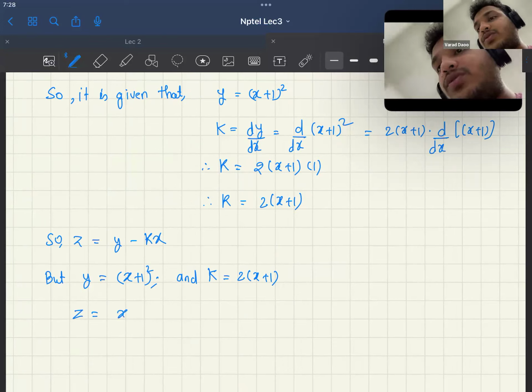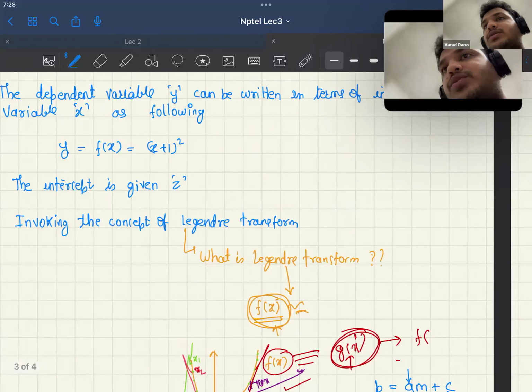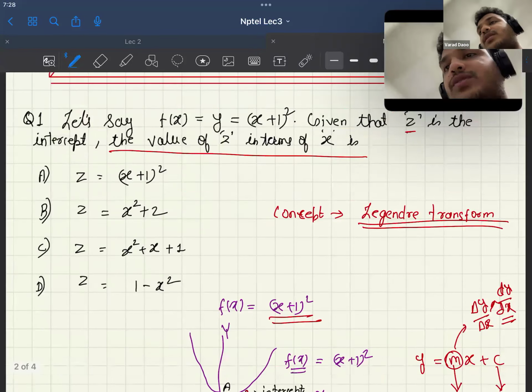So z equals (x plus 1) square minus 2 times (x plus 1) multiplied by x. Now let us look at the options. We have to simplify.